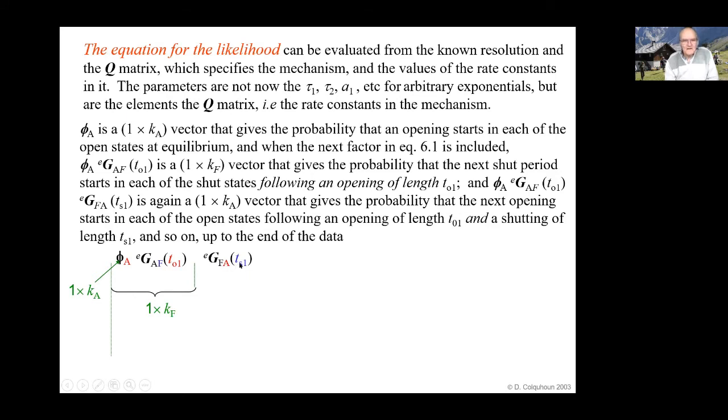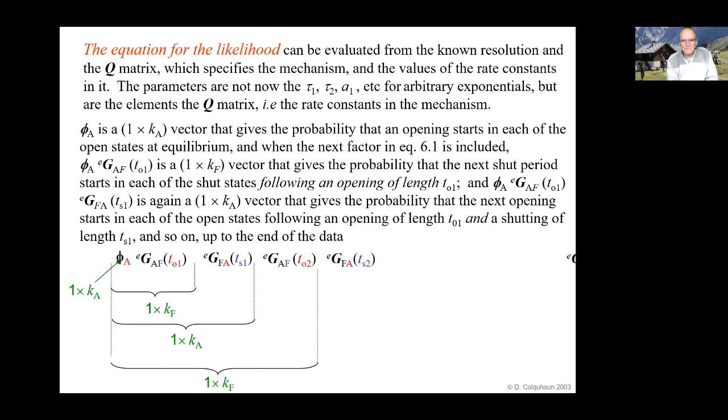GFA of t_shut1 gives you the probability densities for staying within the shut states, or appearing to stay within the shut states, for a time t_s1 and eventually leaving for an open state. That whole thing is a 1 by Ka vector, which gives you the appropriate entry probabilities for the second opening, GAF of t_o2, and so on.